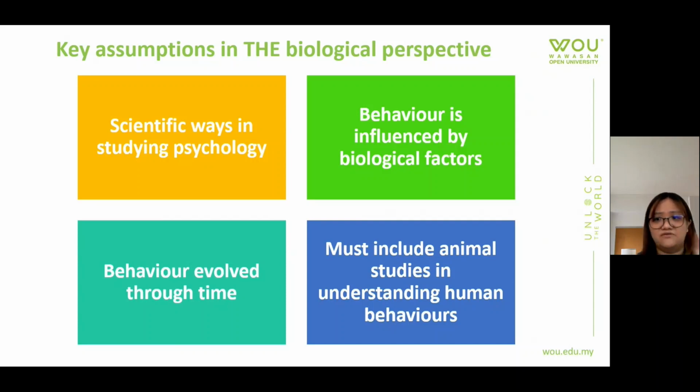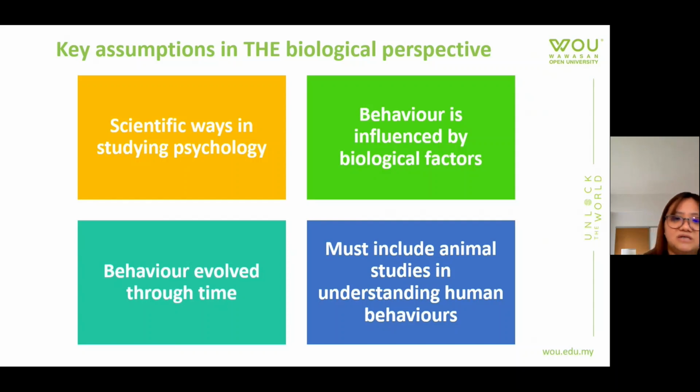From just now, the four notable persons mainly adopted the observation method when they conducted their study. They do observations, they record what they have observed, and they have scientific explanations for that. So please remember, normally a biological perspective uses very systematic ways to study psychology.